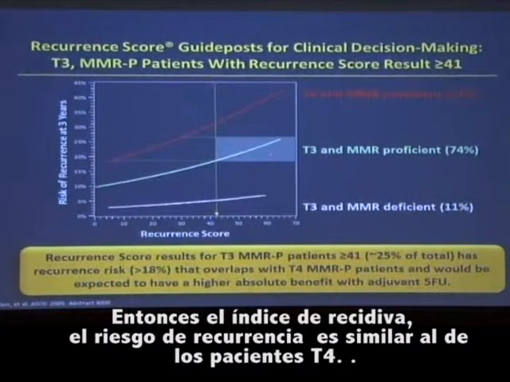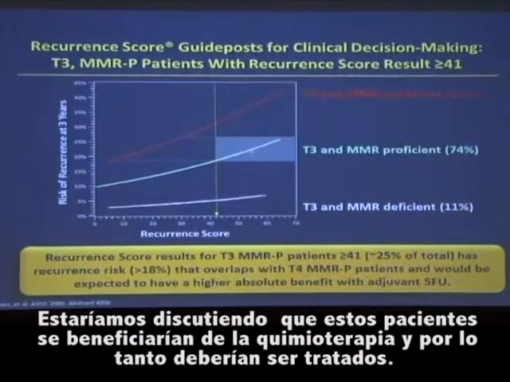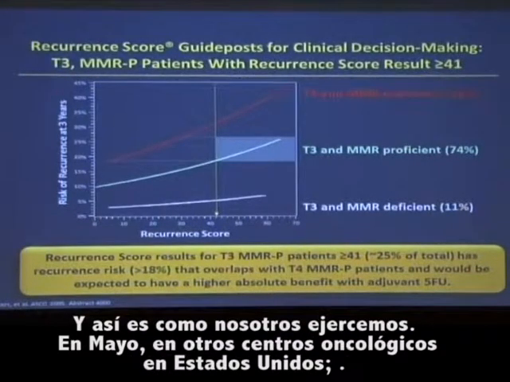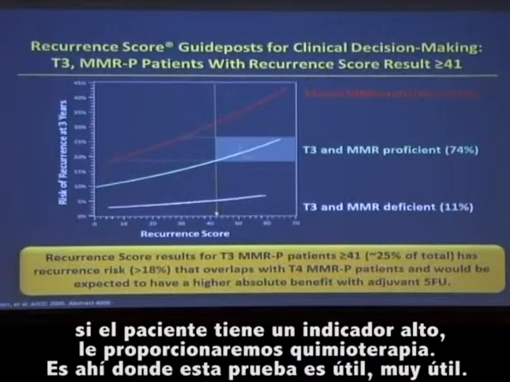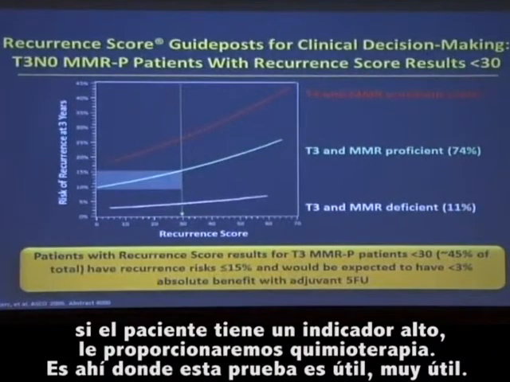So their recurrence risk is similar to the T4 patients, okay? So we would argue that these patients will benefit from chemotherapy and therefore should be treated. And that's how we practice. At Mayo, at other cancer centers in the US, if a patient has a high score, we will give them chemotherapy, okay? That's where this test is helpful, very helpful.